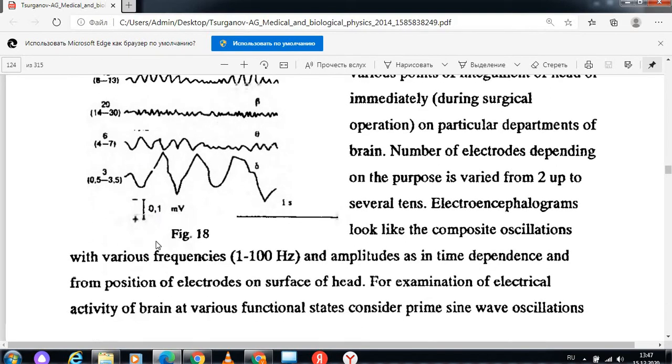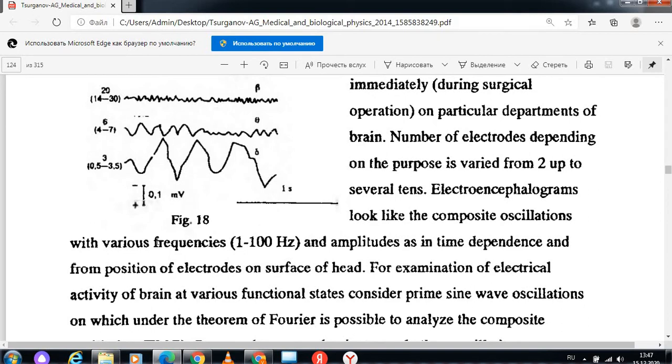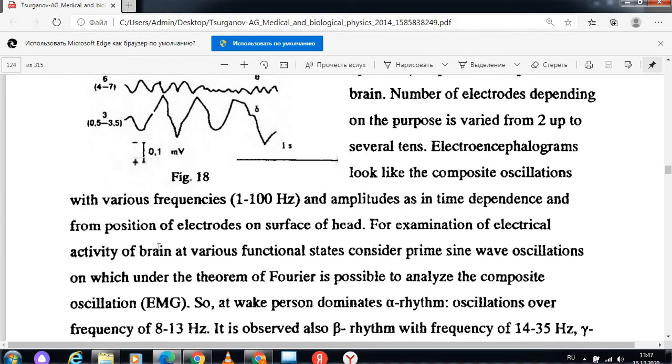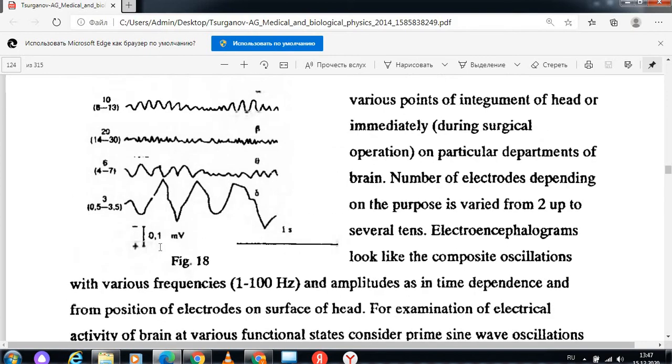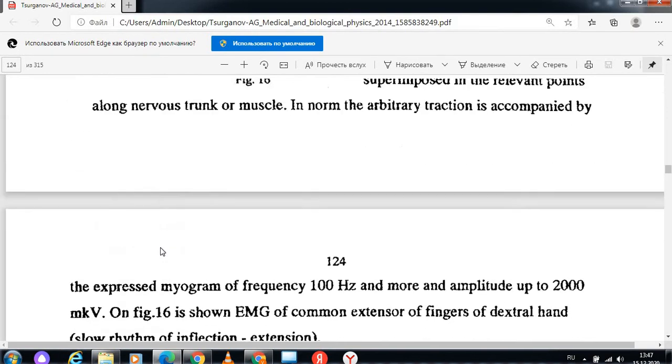So for examination of this electrical activity of the brain at various functional states, prime sine wave oscillations coincide, on which, under the theorem of Fourier, it's possible to analyze the composite oscillation of the electroencephalogram.